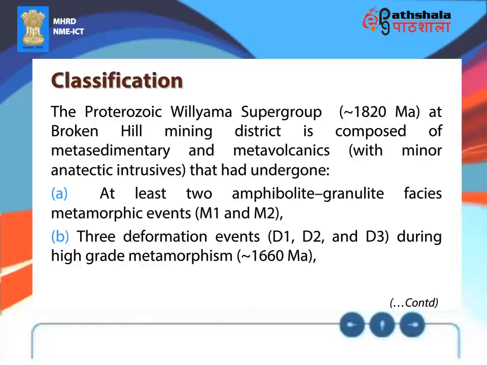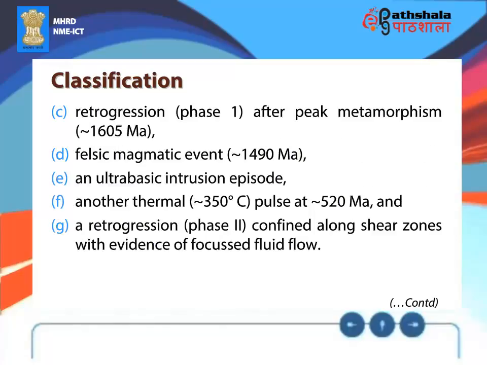B. Three deformation events, D1, D2 and D3, during high-grade metamorphism approximately 1,660 million years ago. C. Retrogression phase 1 after peak metamorphism, approximately 1,605 million years ago. D. A felsic magmatic event approximately 1,490 million years ago.